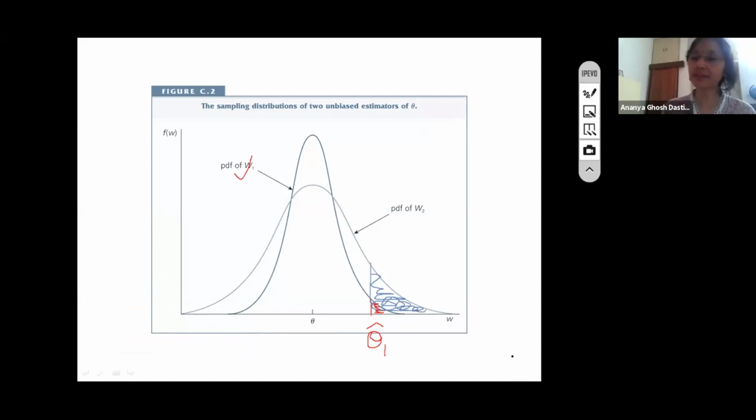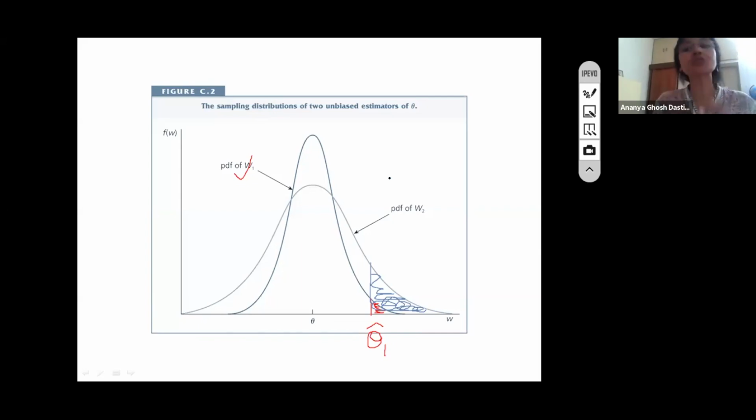Do you see? The probability of getting an estimate that is quite far away from theta is much lower when you are taking an efficient estimator which has lower variance. So efficiency is essentially a feature of the variance of your estimator. And that's where the best comes in.